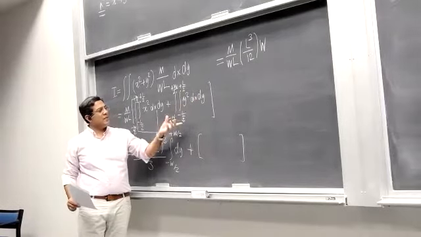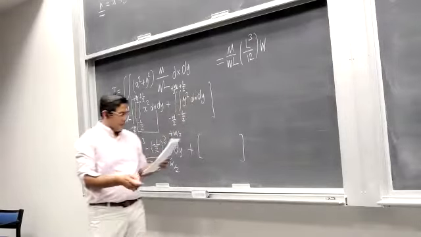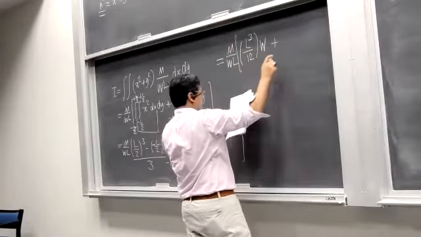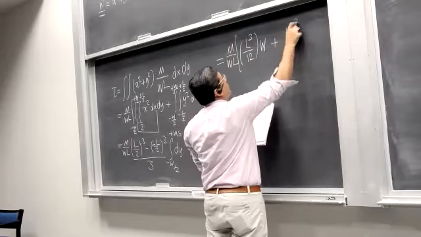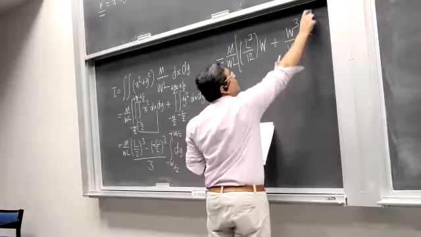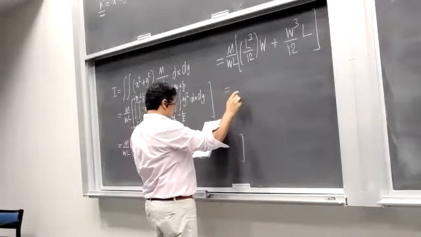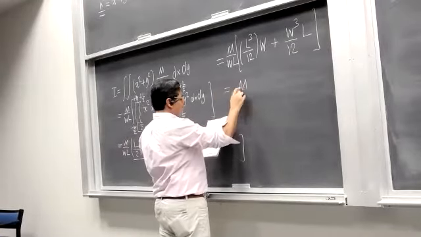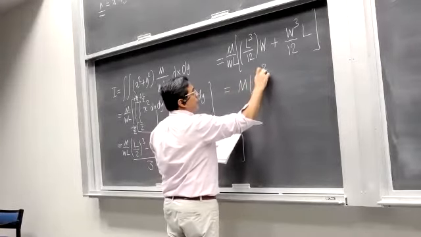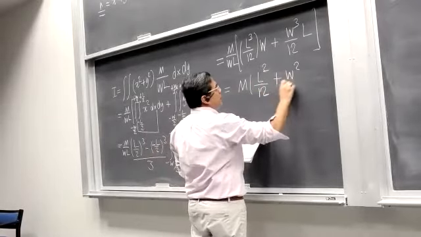And the integration that I did not do, this integration of y squared, would be exactly the same. The only difference is that the roles of x and y are different. So you would get W cube over 12 times L. Then if you simplify, you will get something like this: L squared over 12 plus W squared over 12.